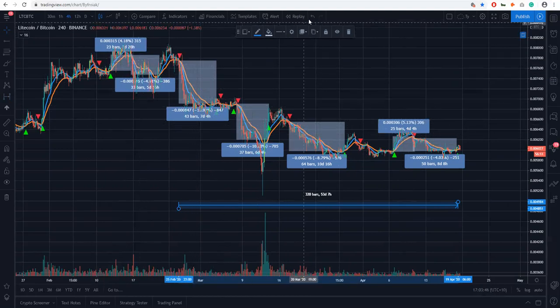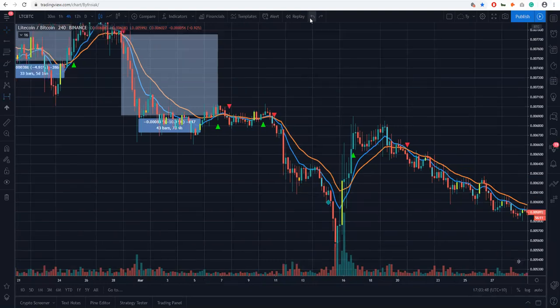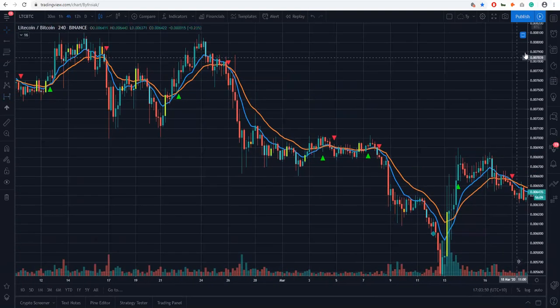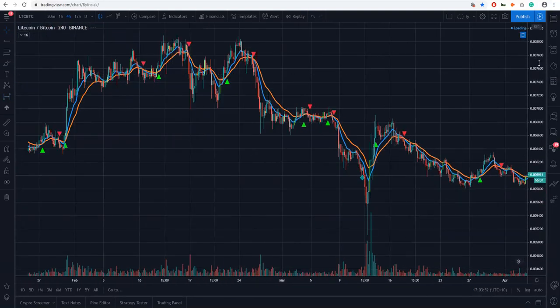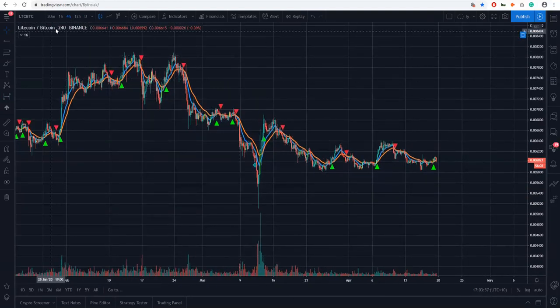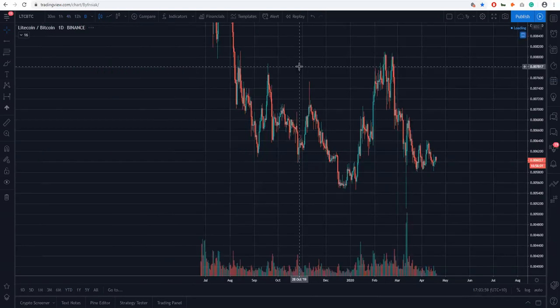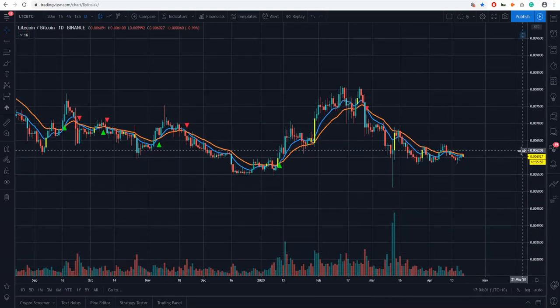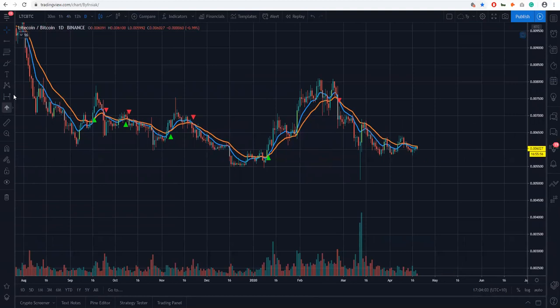But again, if we go back to a higher time frame, if you're trading on the higher time frames and using things like supply and demand as other levels of confluence, this is where I find this to really, really shine.